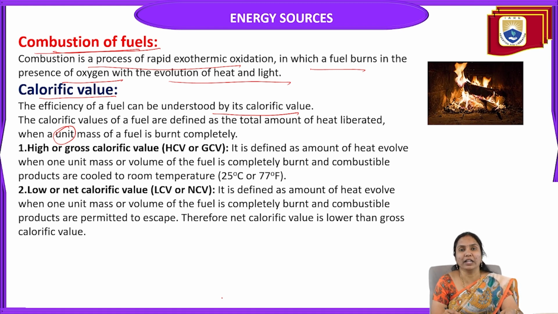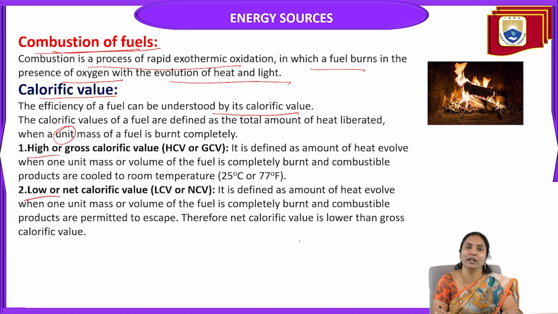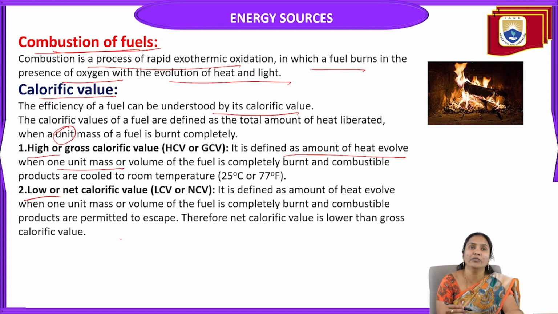There are two types of calorific value: high calorific value and low calorific value. High calorific value, or gross calorific value, is defined as the amount of heat evolved when one unit mass or volume of the fuel is completely burned and the combustion products are cooled to room temperature.